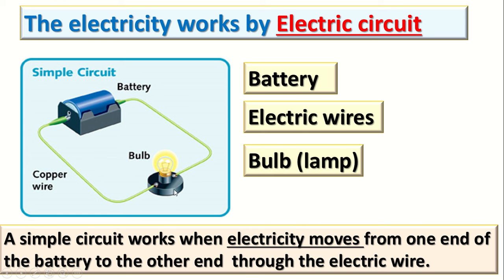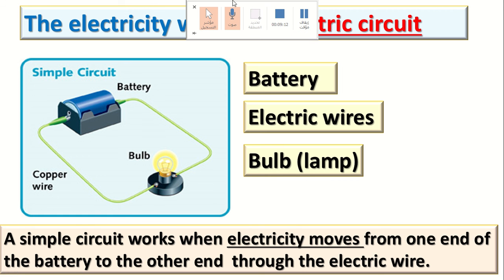So when does the lamp work? When the electricity passes from one end of the battery through the wires to the other end of the battery.